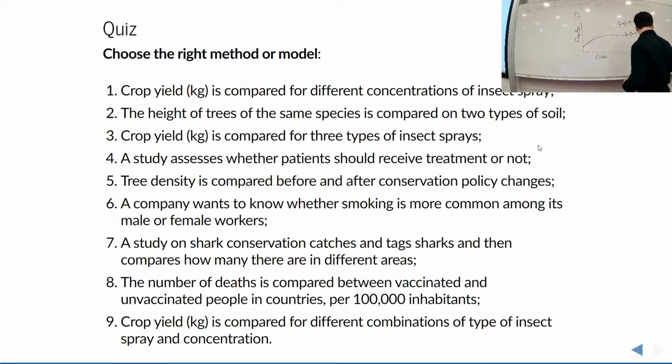So what would this study look like? It would look like this. Again, we have the crops. I'm just writing crops because it takes less time to write. And here we have treatment A, treatment B, and treatment C. And then I would probably summarize this with a box plot or something.